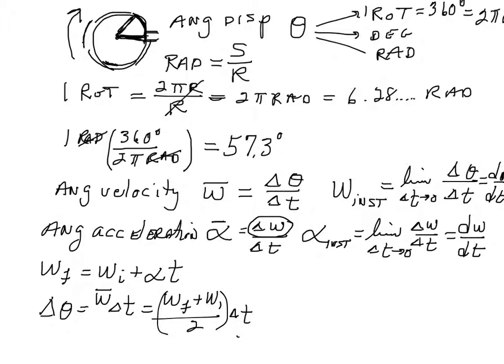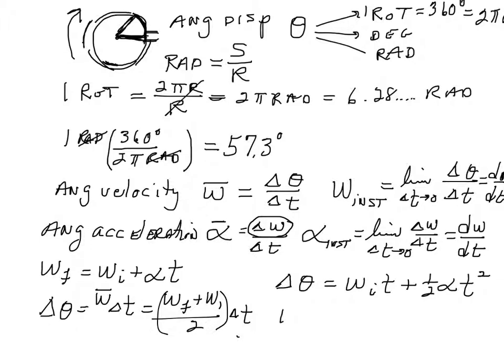Combining these two and doing some algebra, which I won't show here, we can generate the other 2 equations that parallel what we know from week 2, week 3, and that's that the total angular displacement will be equal to the initial velocity times the time plus 1/2 the angular acceleration times the time squared.